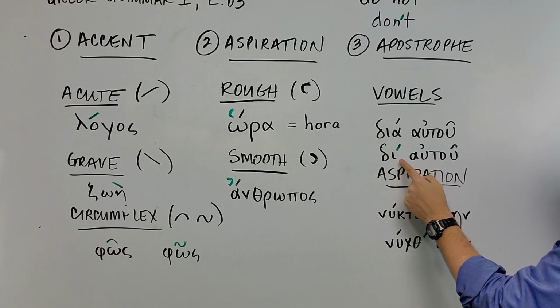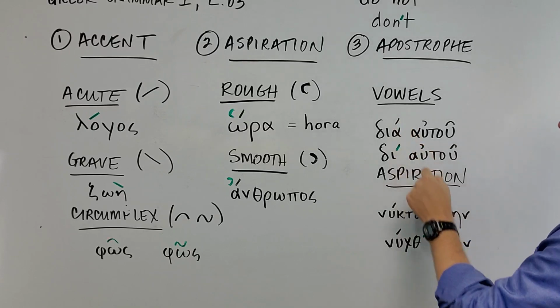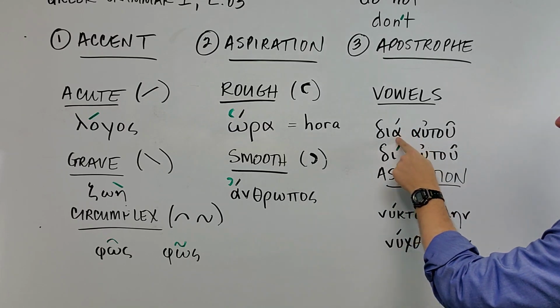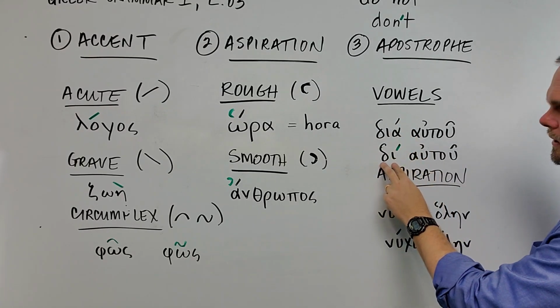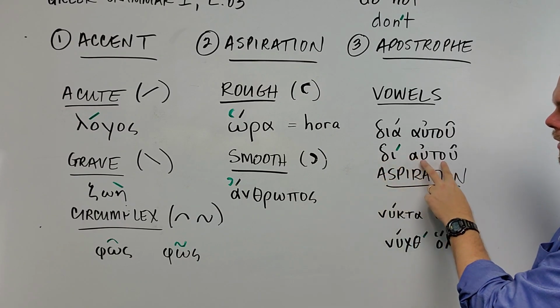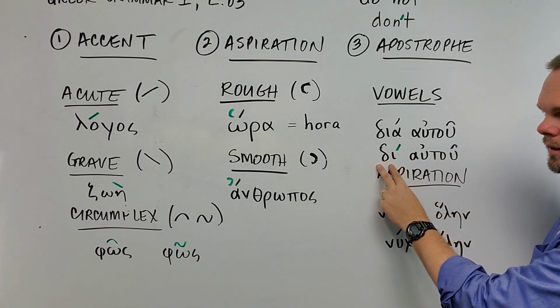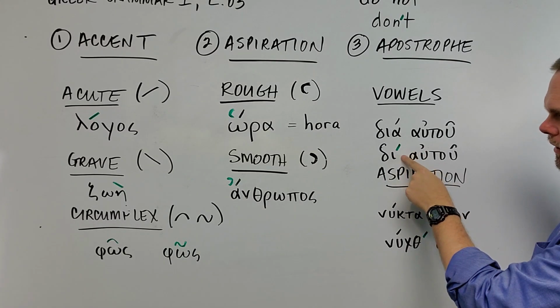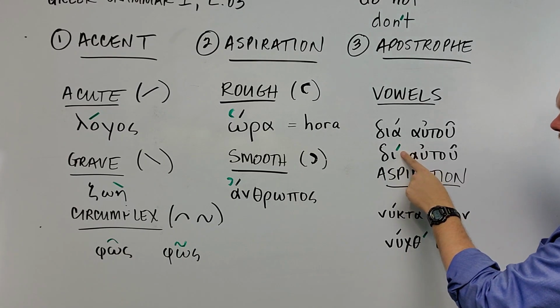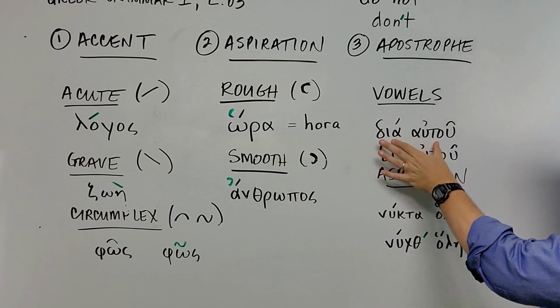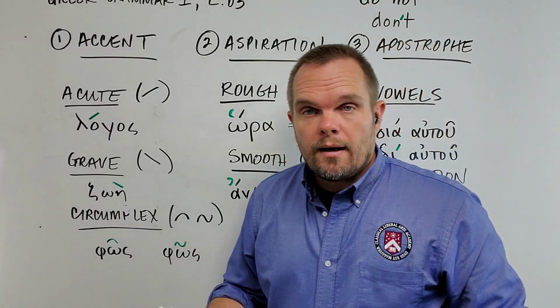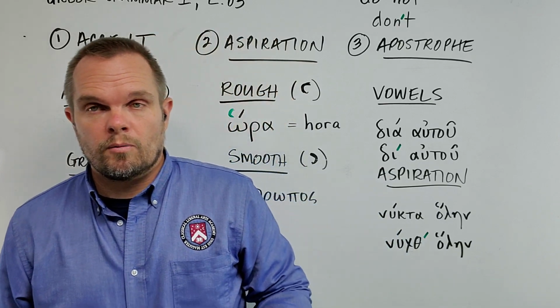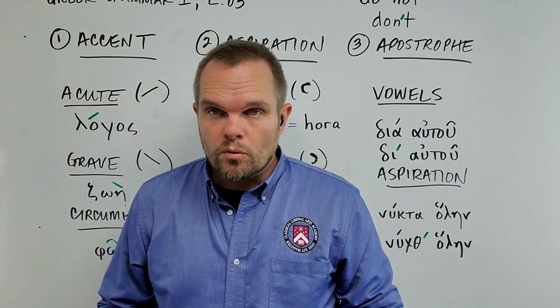These two words can be contracted by dropping this alpha, and what we're left with is di, au, tu. And we mark the dropped alpha with an apostrophe. You can see how much easier that is to pronounce. Dia, au, tu. We can change that to di, au, tu.